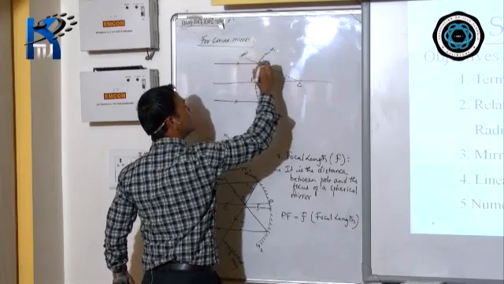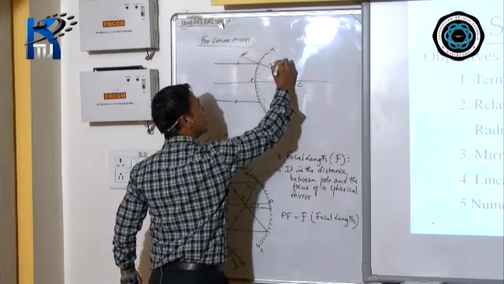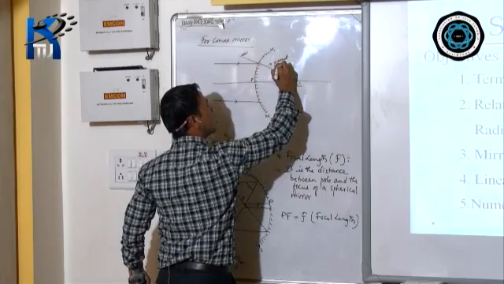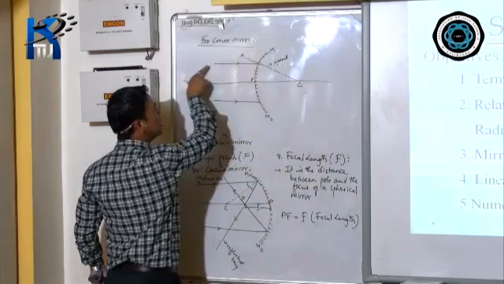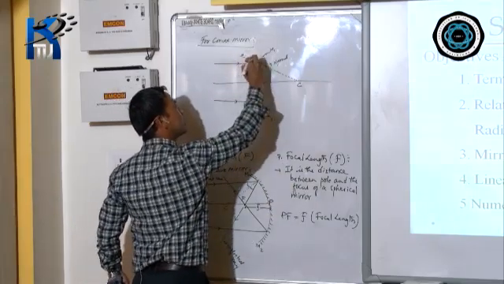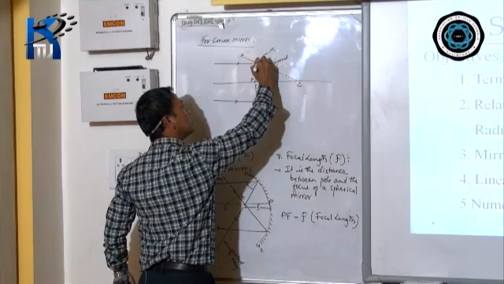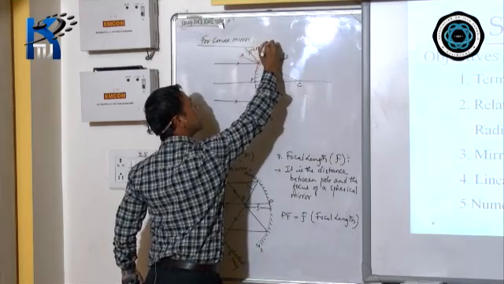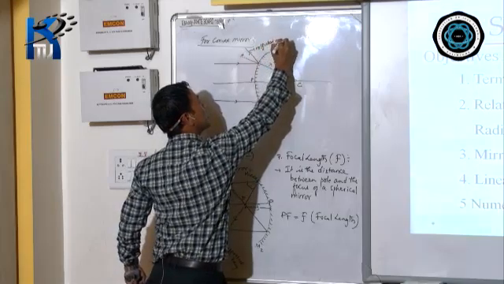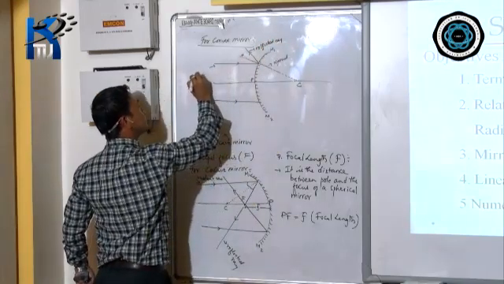I can show this with the help of the diagram. This line is called the normal line, or simply the normal. Now what happened? When this is the incident ray, the light is reflected, and this becomes the reflected ray. So this is the reflected ray, and this is the incident ray.